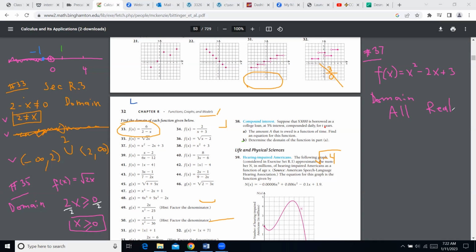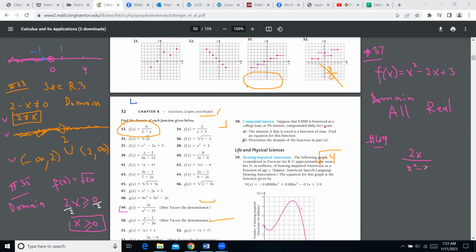So 2 cases, either square root or denominator. Let me try one more, and then maybe you can try one for a little quiz. Exercise number 49. It says divide 2x by x squared minus 25. Well, right away I notice that this is a fraction, right?